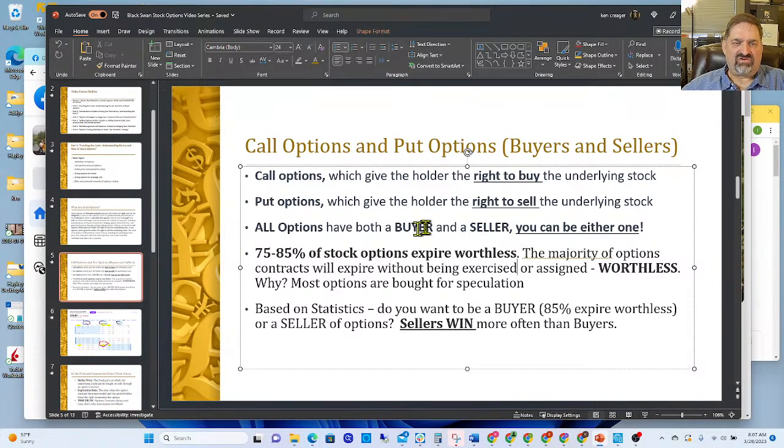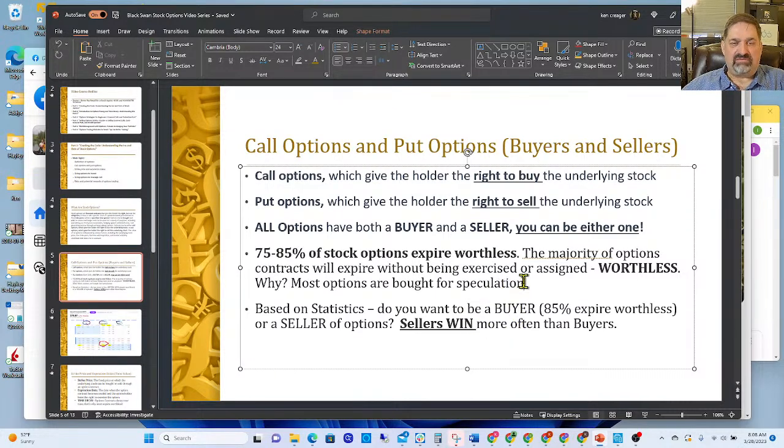So if you're the buyer of a call option or a put option and it expires worthless, you lost all your money. If you're a seller and you sold that option to the buyer and it expires worthless, you keep all the money. So being a seller leverages the fact that 75 to 85% of all options expire worthless.